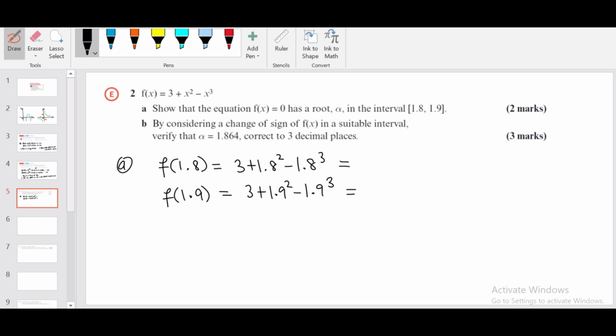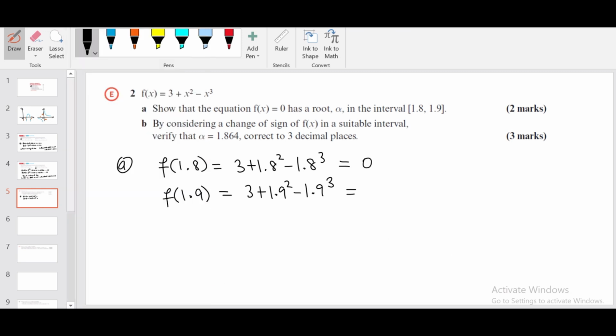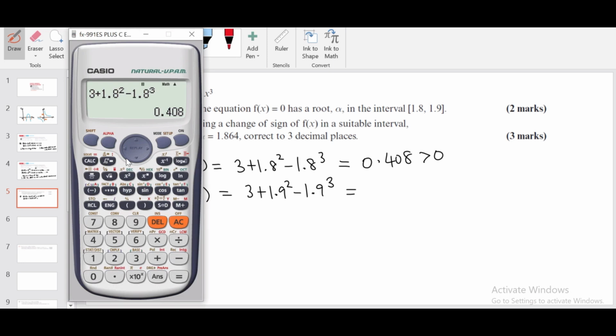Let's find these values. 3 plus 1.8 square minus 1.8 cube. 0.408, isn't it? It's a positive number. I'm gonna change 1.8 to 1.9.